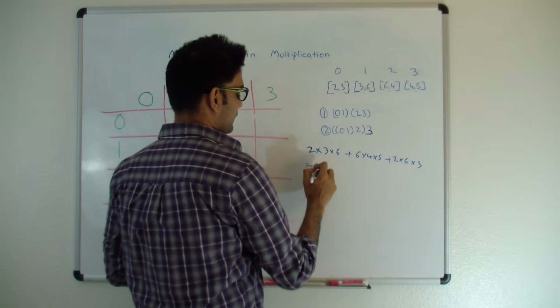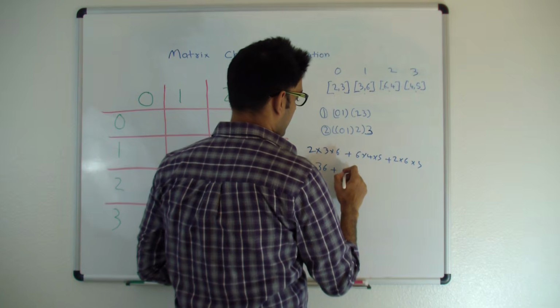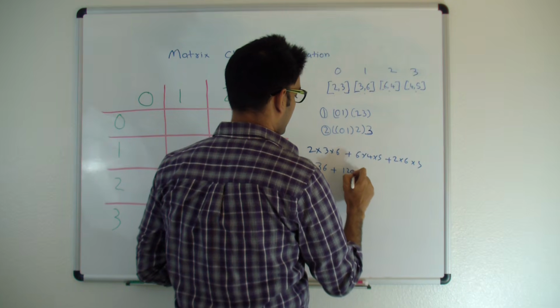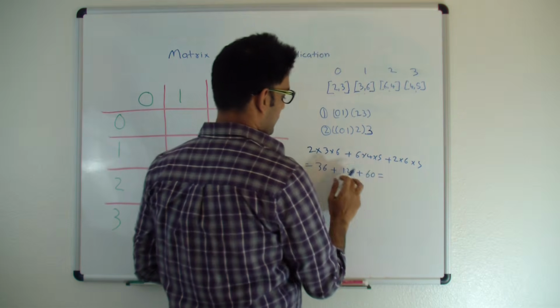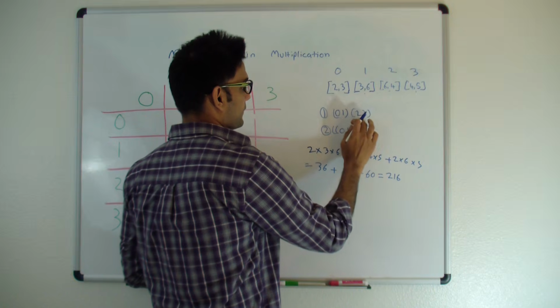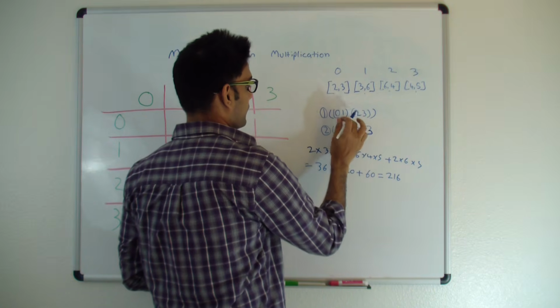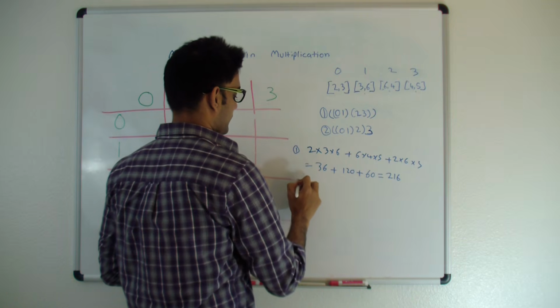So this is 36 plus 120, this is 24, so 120 plus 60. So this will be 180 plus 36, 216. So if I multiply 0, 1 first, 2, 3 later on, and then the result of 0, 1 with 2, 3, the total cost is 216.